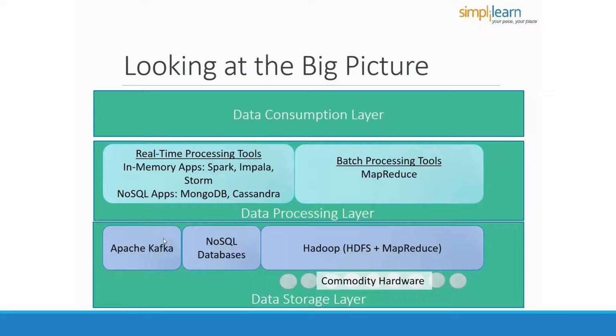Then above that, you've got the data processing layer. And you've got either batch processing tools like MapReduce or real-time processing tools that are either in-memory applications or NoSQL applications. And then up top, you've got the data consumption layer, which I've just included all of the analytics and data science work within that layer.